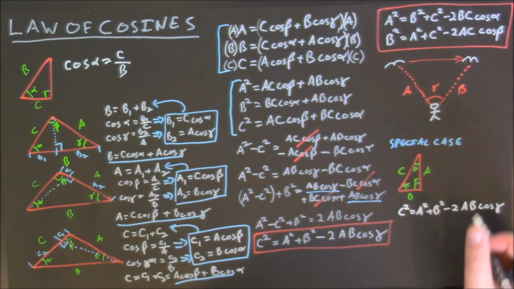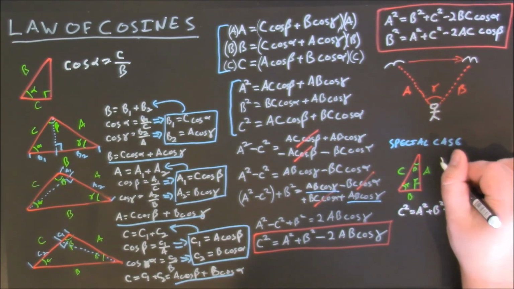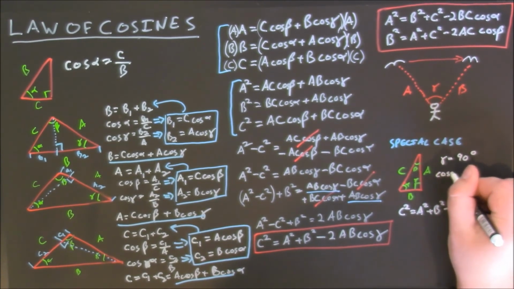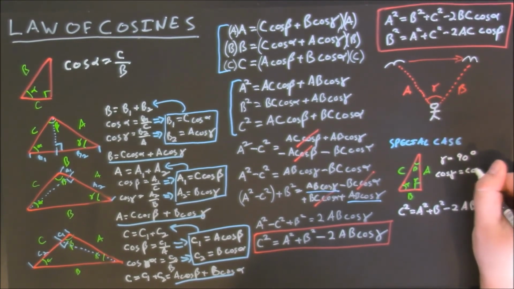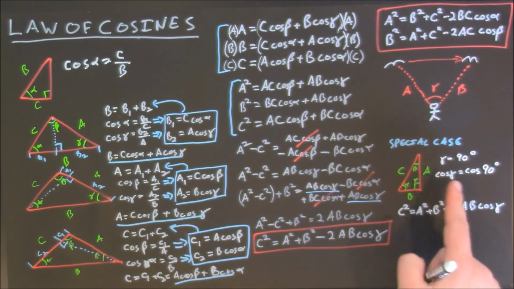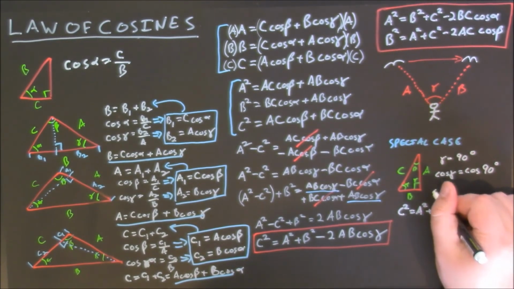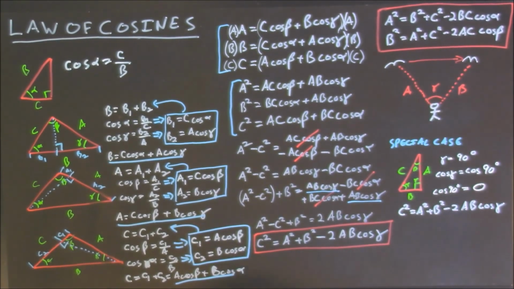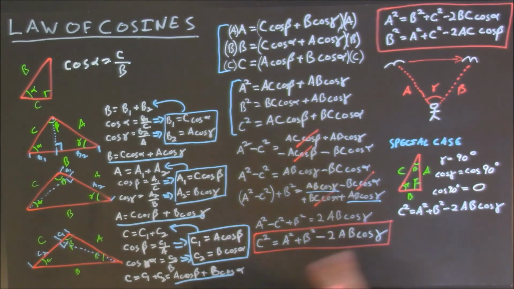But we know that gamma is equal to 90 degrees. So cosine gamma is equal to cosine of 90 degrees. And we know that the cosine of 90 degrees is equal to 0. So what happens to this equation?